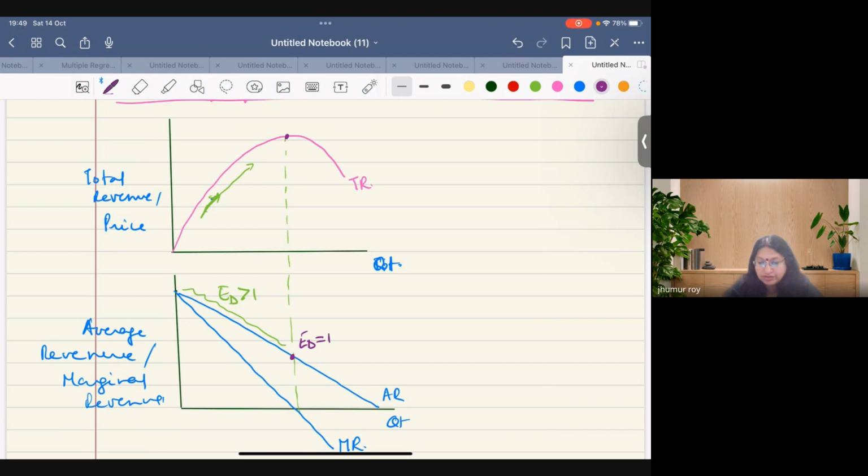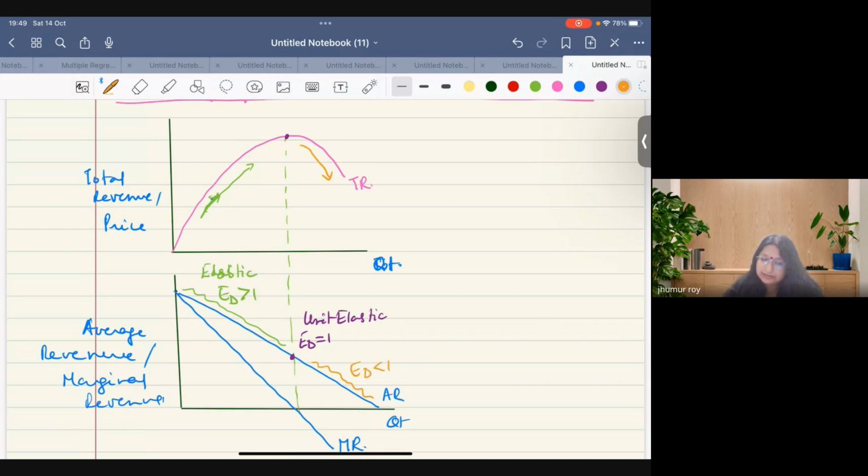So this is the second stage. Elasticity greater than 1 means this is an elastic demand. And the second one that you have is unit elastic. Okay, and when you find that total revenue starts going down, that means this portion of the curve, you will say elasticity of demand is less than 1.